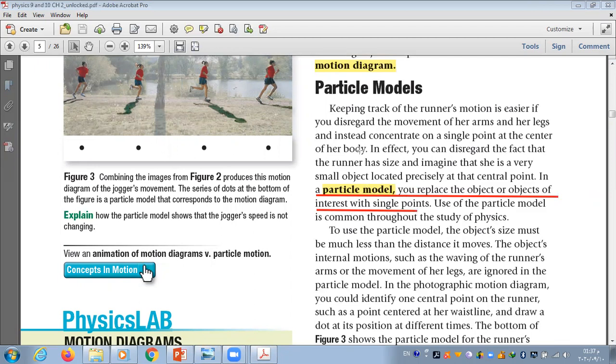Okay, so if we revise this lesson fast, we know the meaning of motion. We talked about the factors that we use to identify motion, and also we talked about the types of motion.